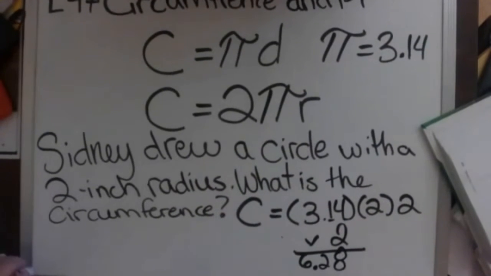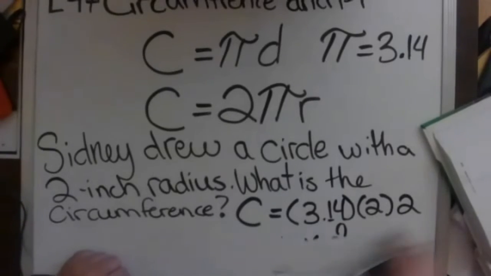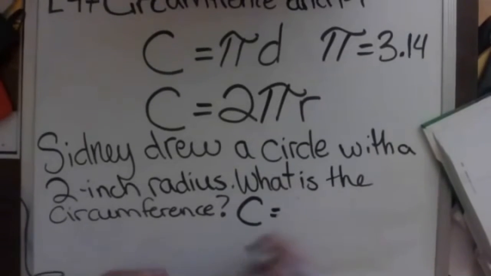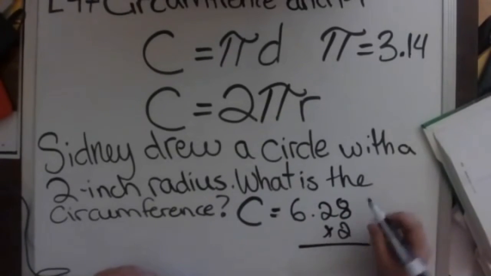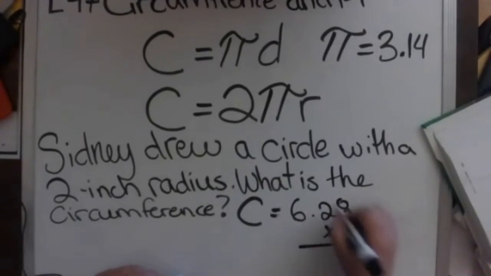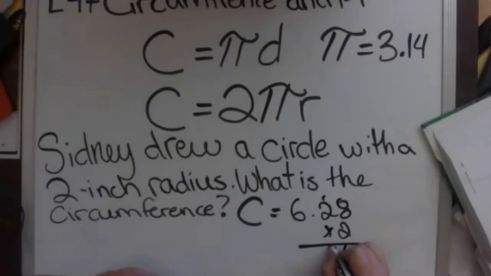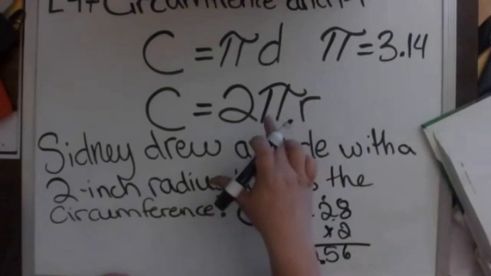Then I multiply 6.28 by 2, and I get 12.56.